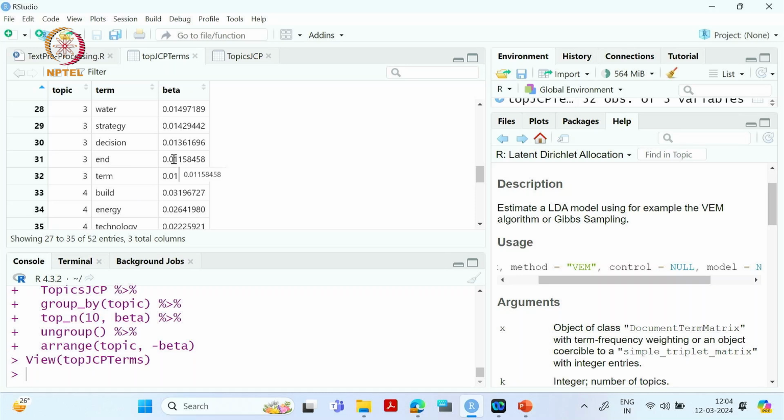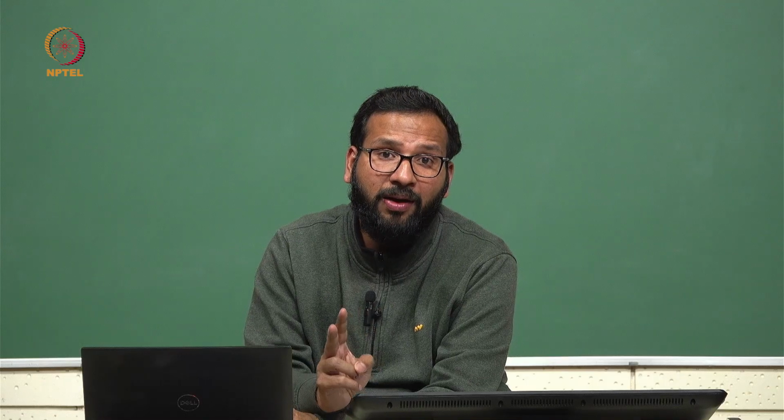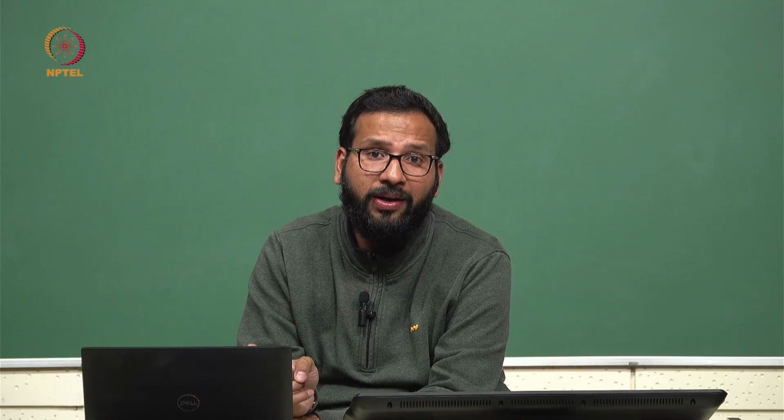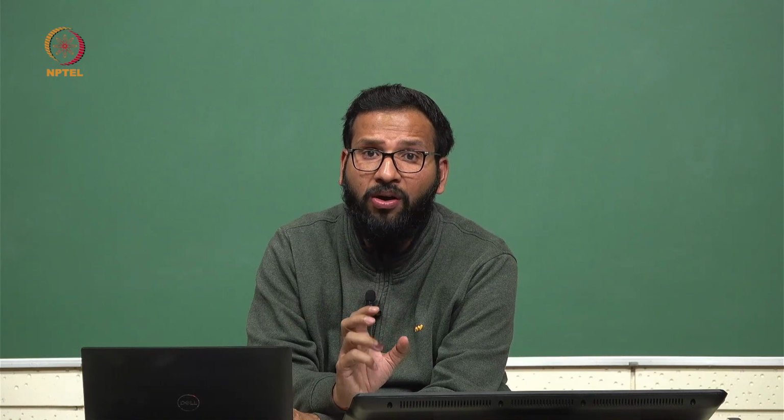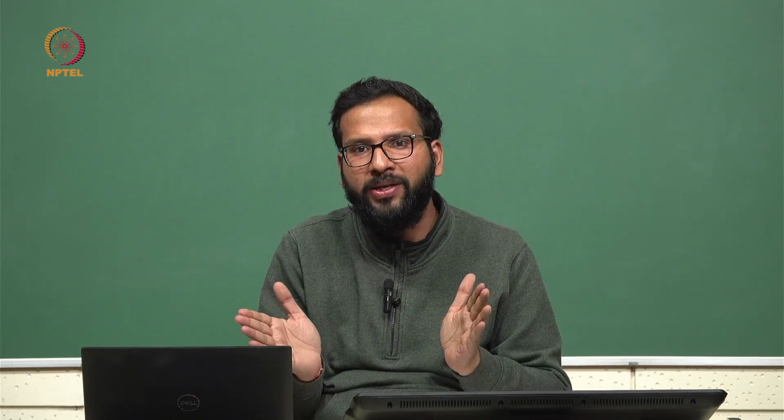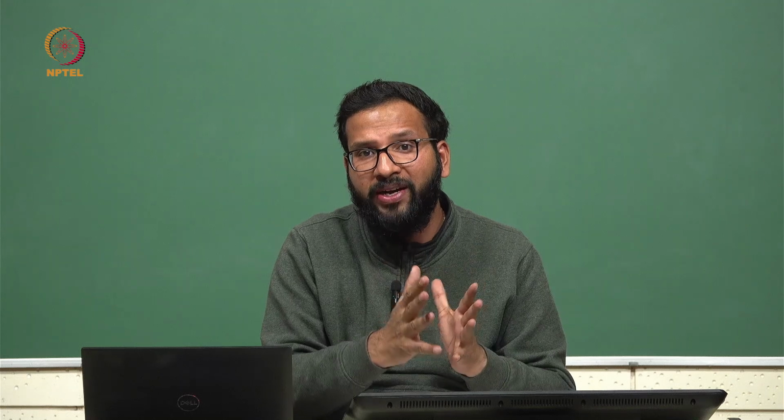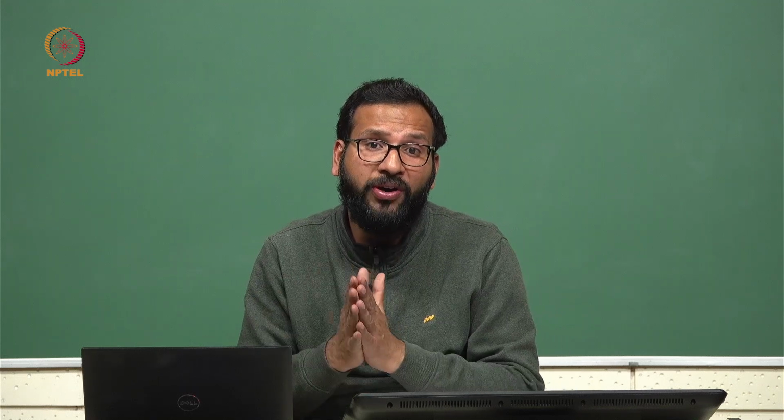One term has one beta score and another term has the same beta score. That is why this has also taken an extra term for this particular topic. So we have 2 extra terms in this data set. Our goal was to take only the top 10 for each of the 5 topics, so we wanted only 50 terms, but here we get 52 terms.